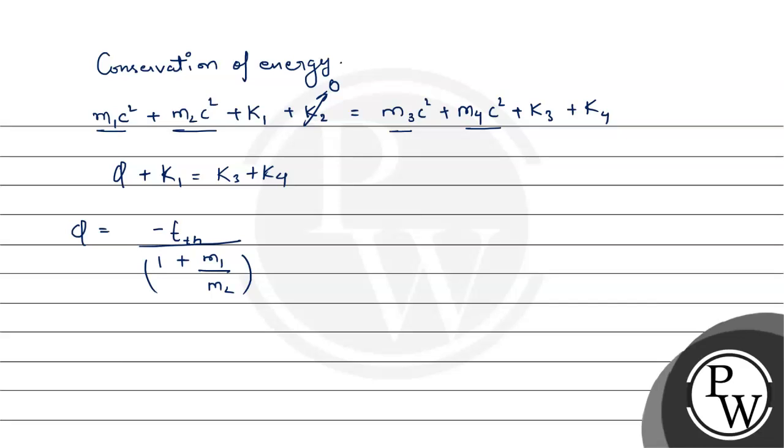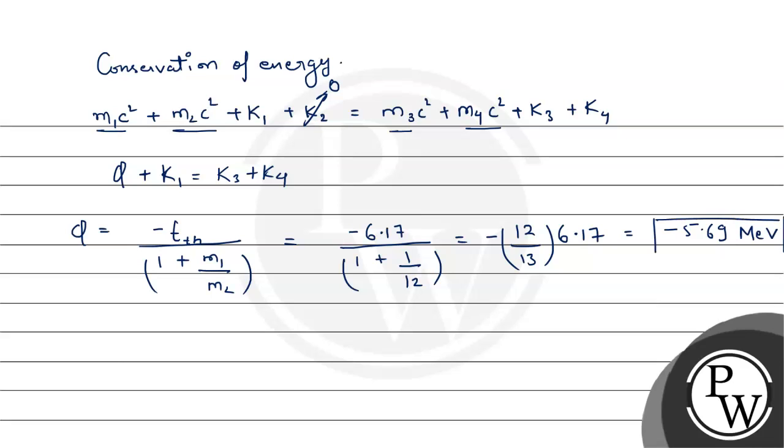Solving these we get the value equal to minus 6.5, which is given, times 1 plus 1 by 12, which gives us 12 by 13 into minus 6.5. Hence it is equal to minus 5.69 mega electron volt. Okay, so this is our value of Q. Let us keep it with us and mark it as equation 1. We need to find K3 using this equation.